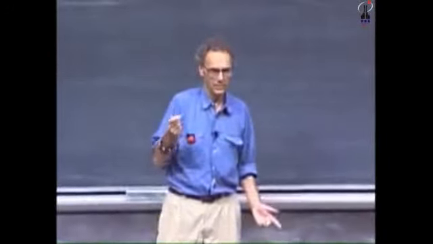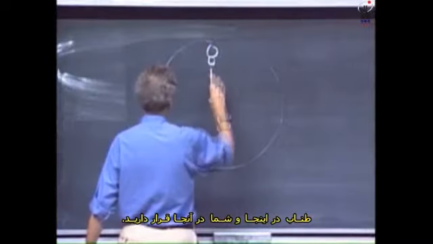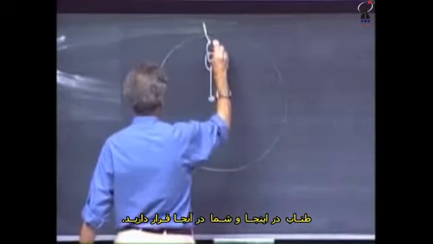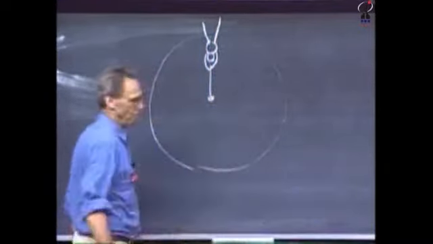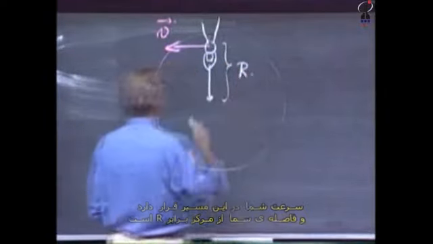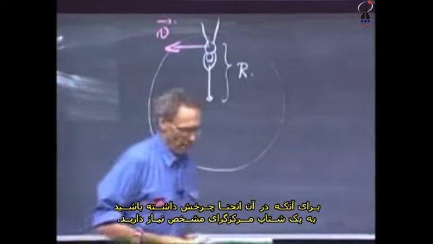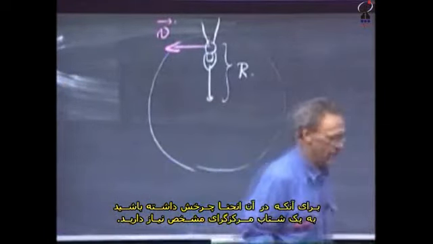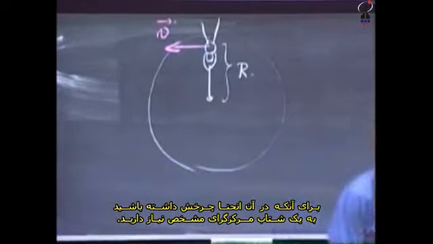This is the circle. There's a string. You're here. Here's the string. And there you are. You have a certain velocity. The velocity is in this direction. And there is a certain distance to the center, r. And so you need a certain centripetal acceleration to go around in that curve.